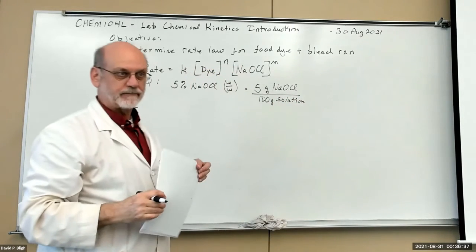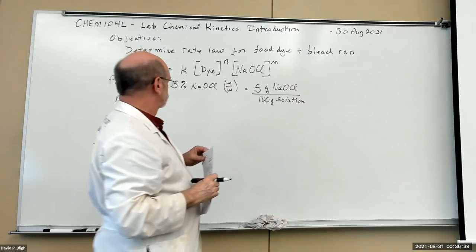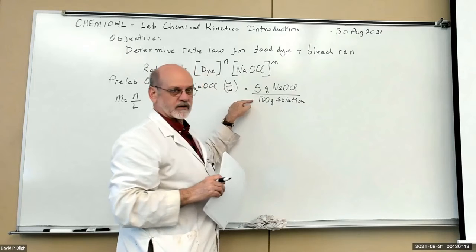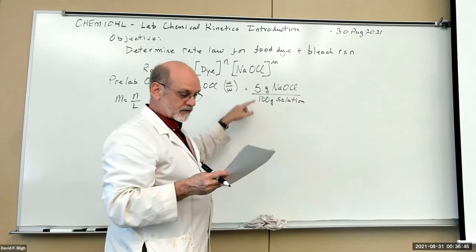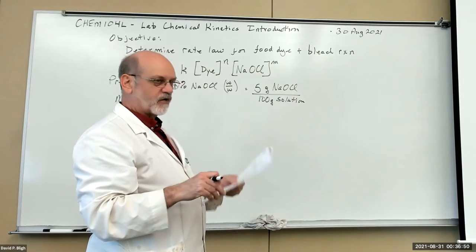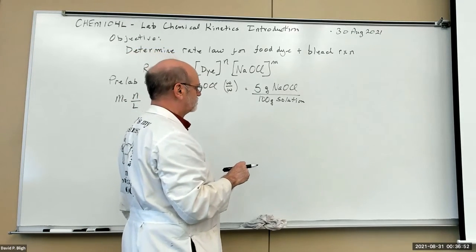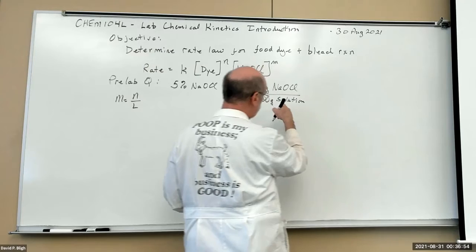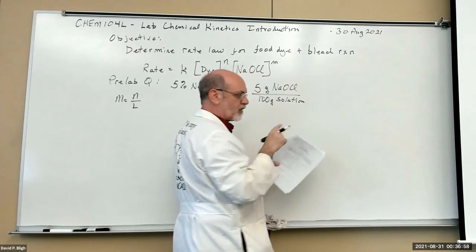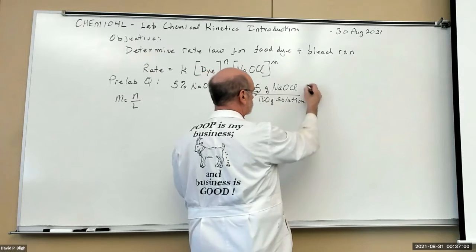Right? That's what that means. Percent, parts per 100. Okay? So you're also given the density, 1.08 grams per milliliter, which is grams of solution per milliliter of solution.